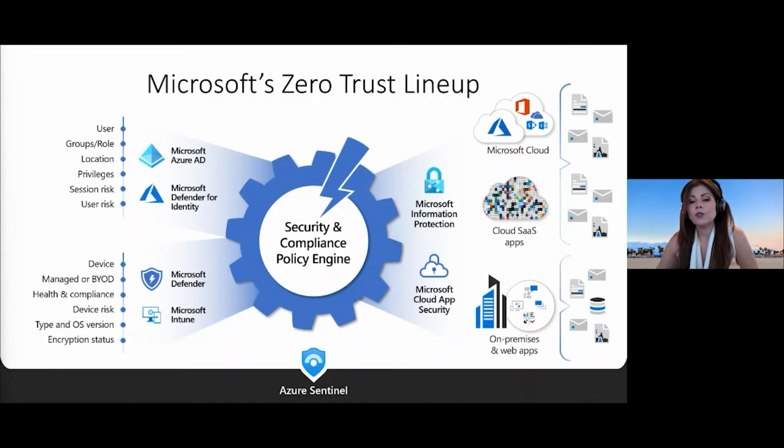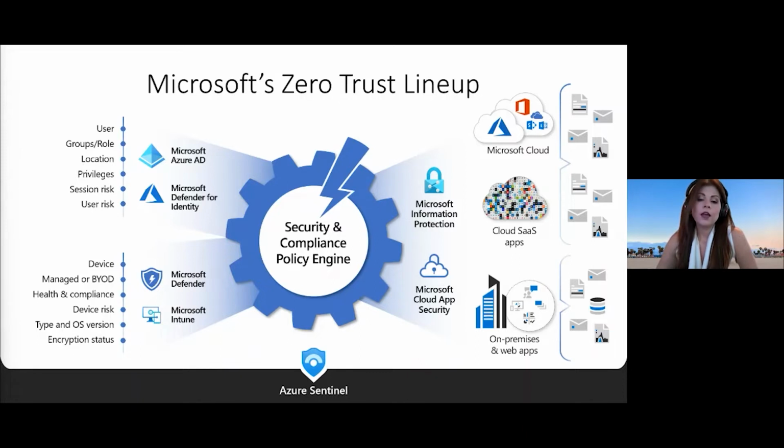And we've got Microsoft Defender for Cloud Apps, used to be called MCAS. So that's our CASB solution, which allows you to discover and control the use of shadow IT. And at the bottom of all of this, we have Microsoft Sentinel, our cloud native SIEM. So all the signals from all these solutions go into Sentinel.